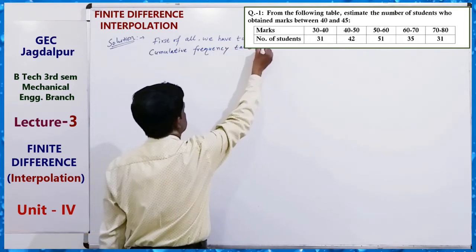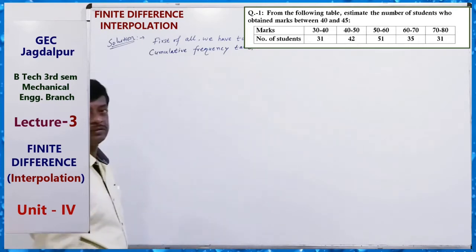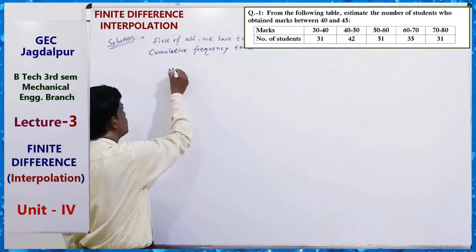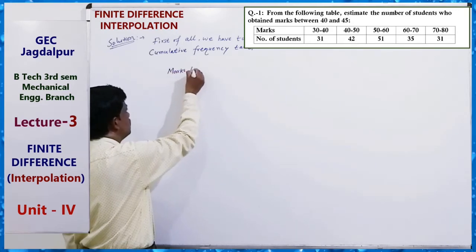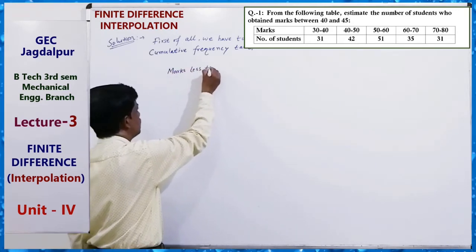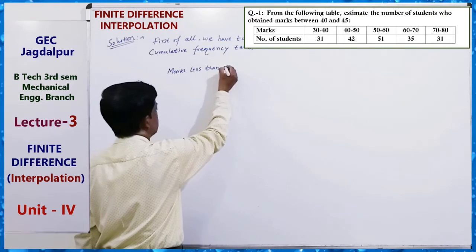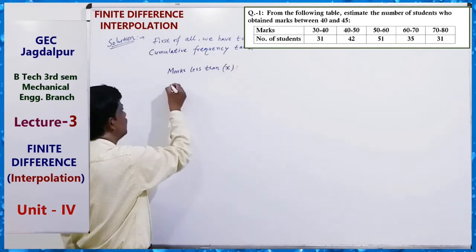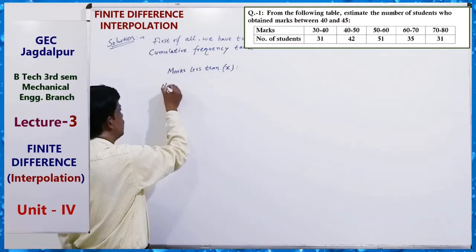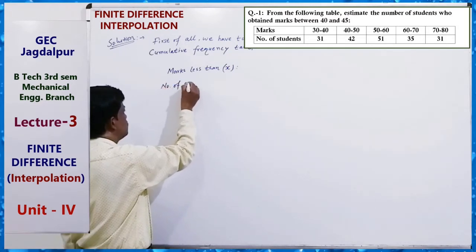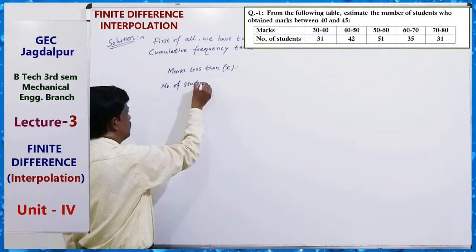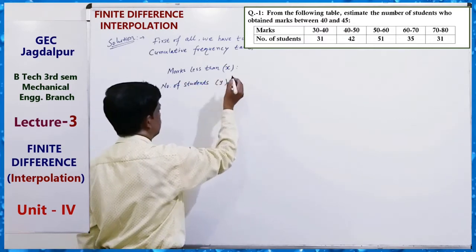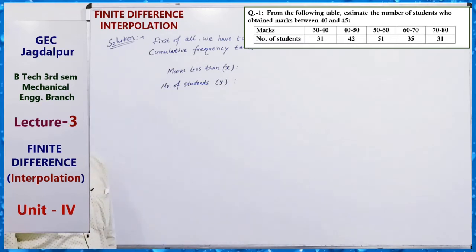For this question, the table has marks less than and number of students. We can prepare the table like this.